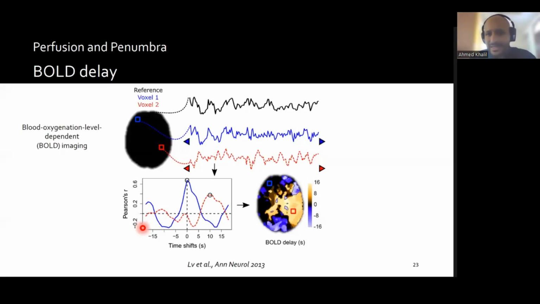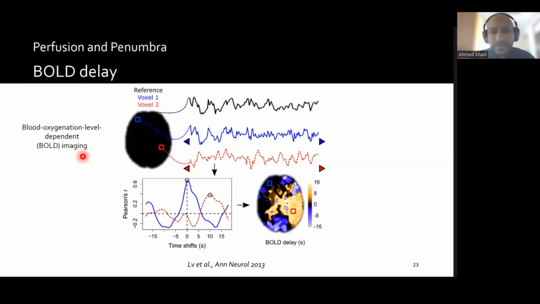And that's why I wanted to speak to you mostly about this technique that we've been working on, trying to validate and improve over the past decade or so. And that's the BOLD delay technique. It's basically based on a standard resting state functional MRI acquisition.